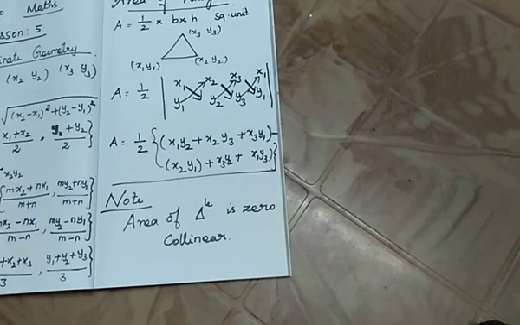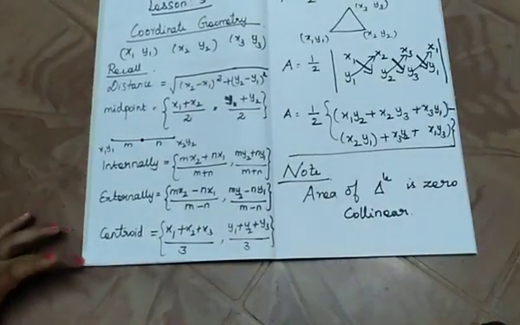How will you check? Use the area of triangle formula and find the value. If the final value is 0, the given 3 points are collinear. Hope you understand. So we recalled 5 formulas, isn't that so?